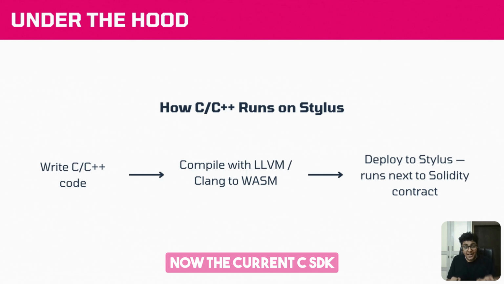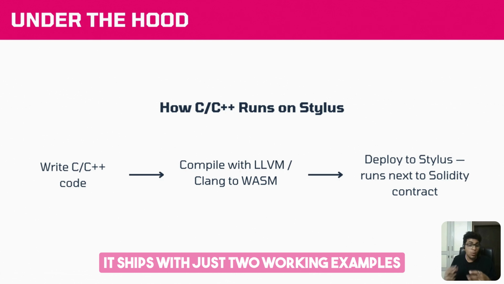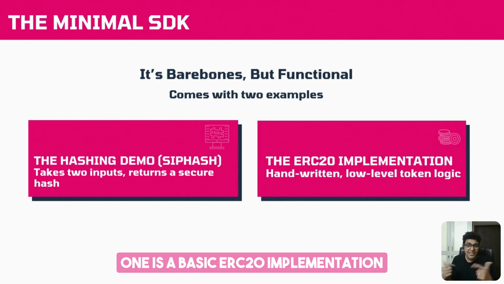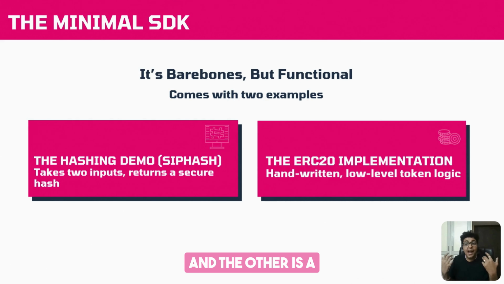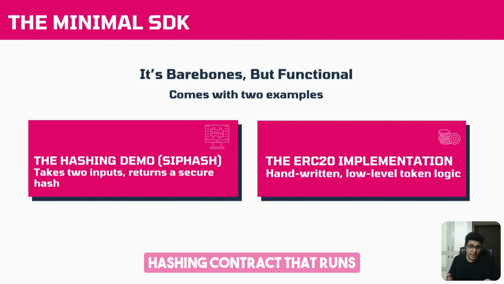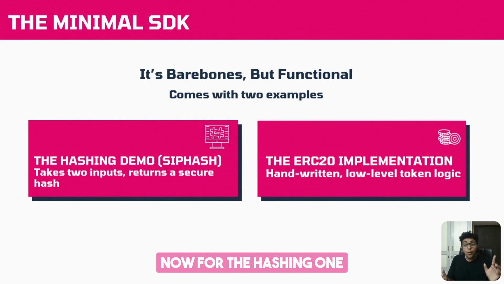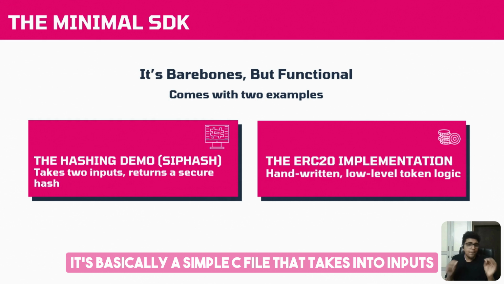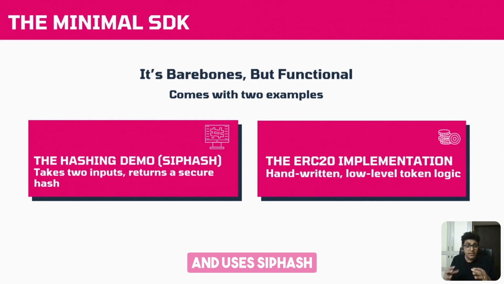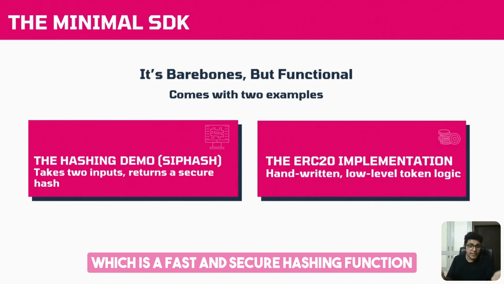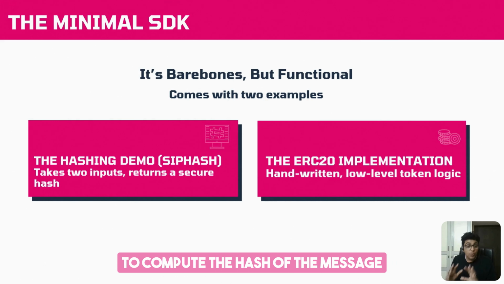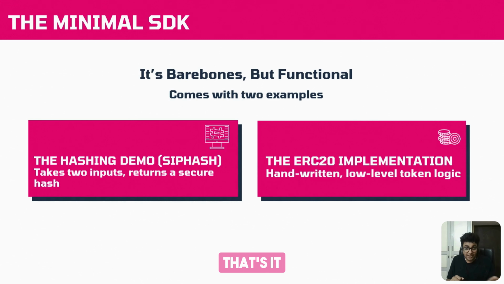Now, the current C SDK is super minimal. In fact, it ships with just two working examples. One is a basic ERC20 implementation, and the other is a hashing contract that runs the SIP hash algorithm. Now, for the hashing one, it's basically a simple C file that takes in two inputs and uses SIP hash, which is a fast and secure hashing function, to compute the hash of the message. That's it.